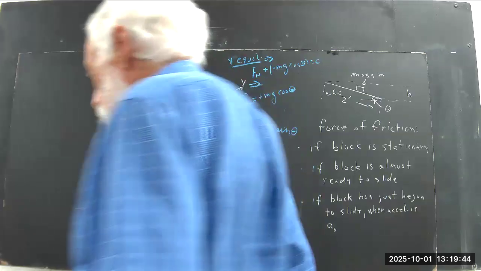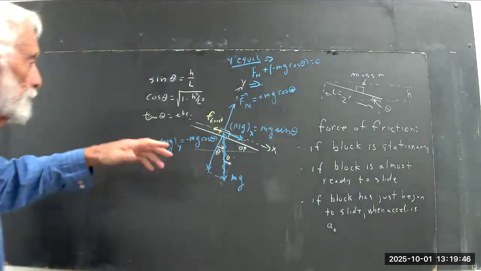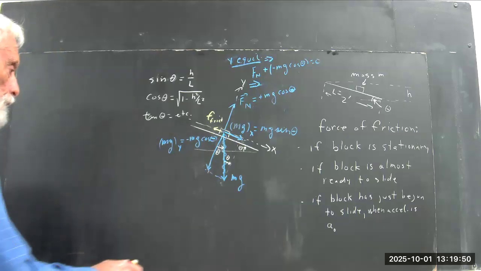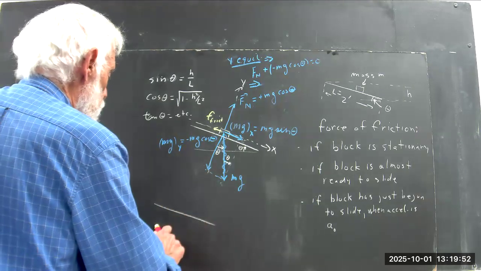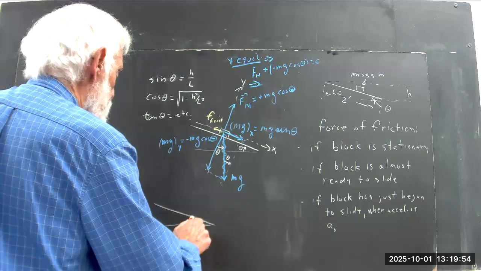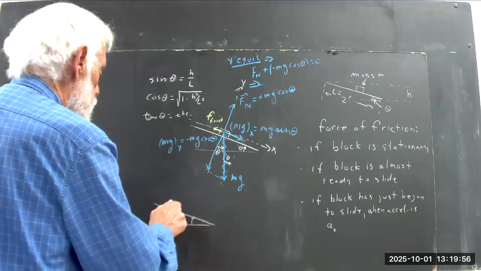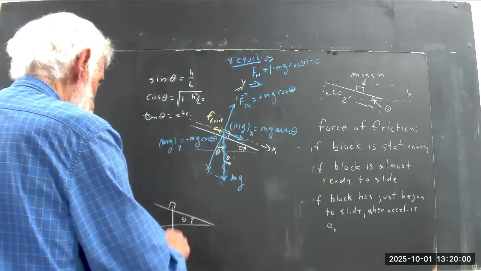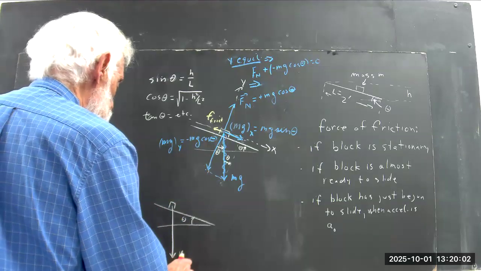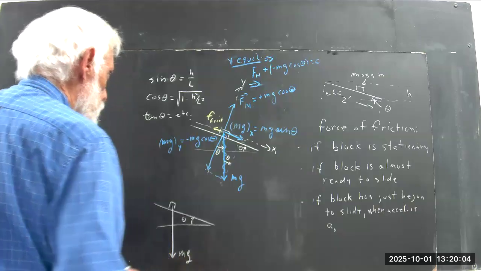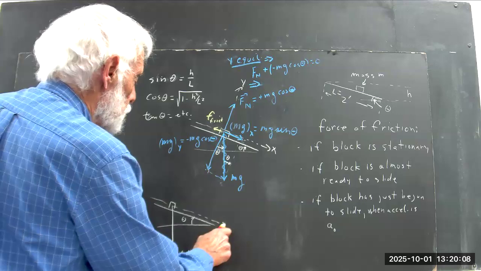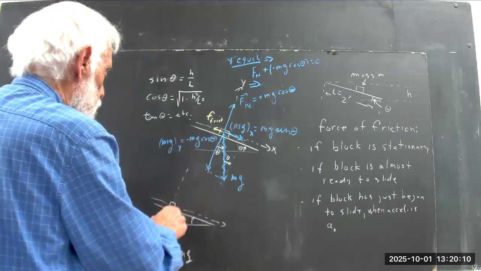Okay, well, quickly, go on the picture again. It should be obvious that the picture is going to look like this, with mg acting down here, an x-axis in this direction, and a y-axis in this direction.